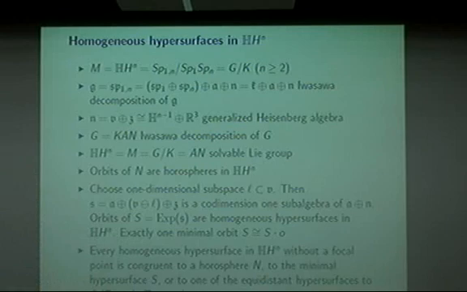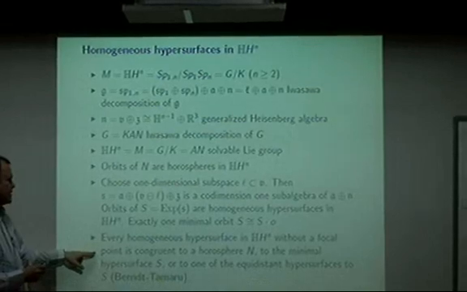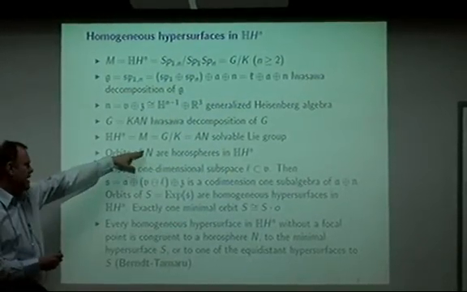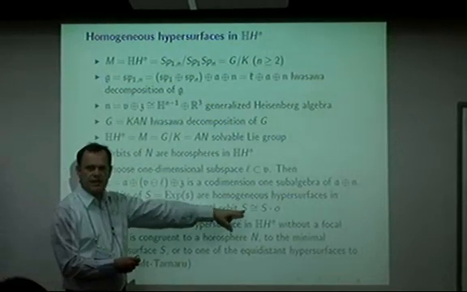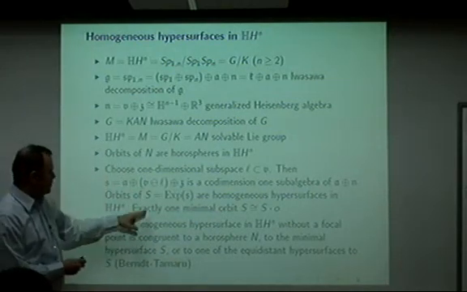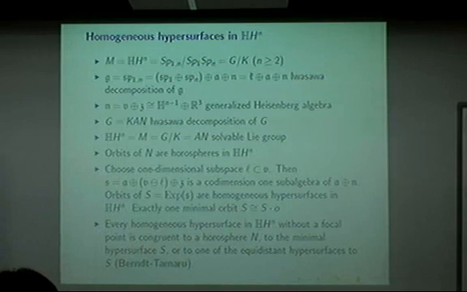And what we could prove is that every homogeneous hypersurface in a quaternionic hyperbolic space which does not have a focal point is congruent either to a horosphere, which arises here through the action of N, or to the minimal hypersurface S, which we constructed here, or to one of the equidistant hypersurfaces, which are equidistant to S. So the homogeneous hypersurfaces without focal points we can classify through this construction.